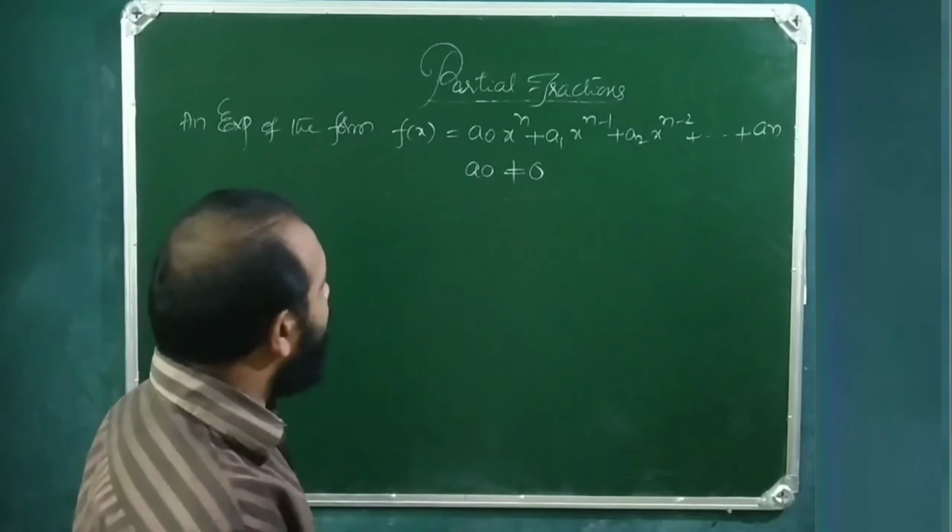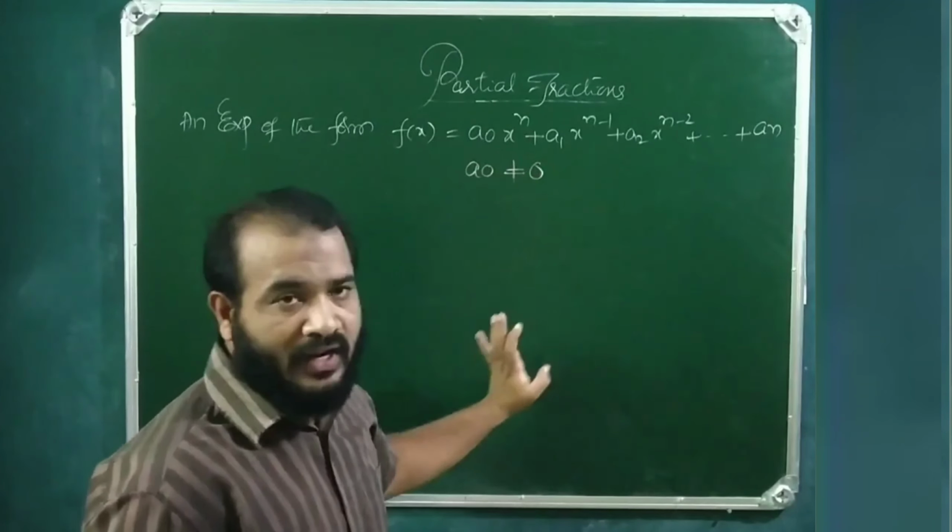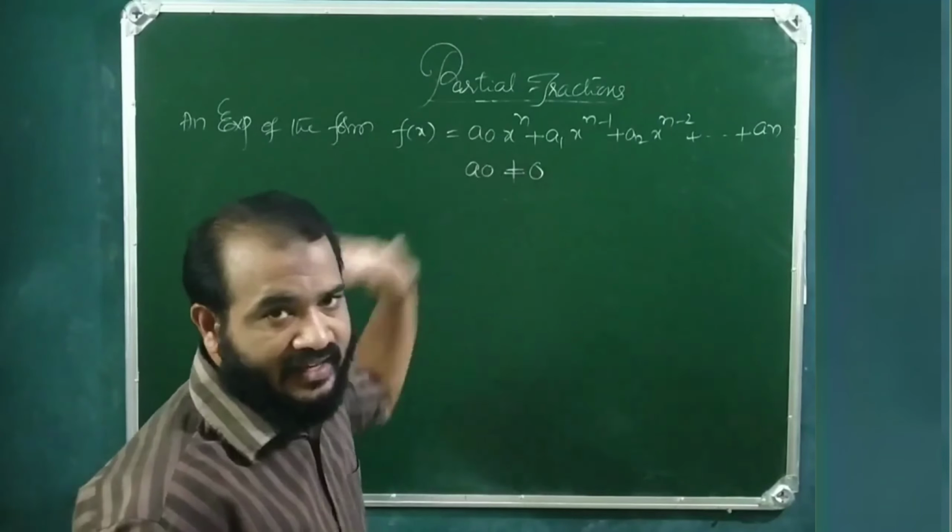Degree is nothing but the highest power or exponent of this polynomial. So here the degree is n.